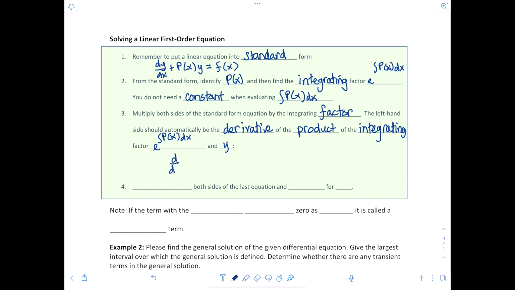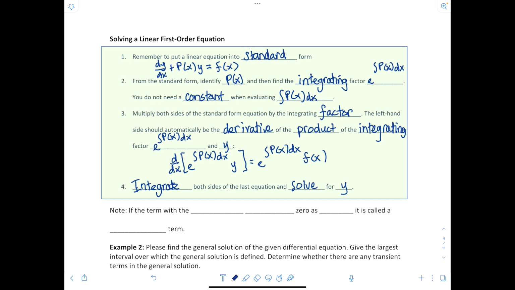So you have d dx of that integrating factor e to the integral p at x dx times y equals e to the integral p at x dx times f at x. Then you integrate both sides of the last equation, the one we just wrote, and we solve for y.